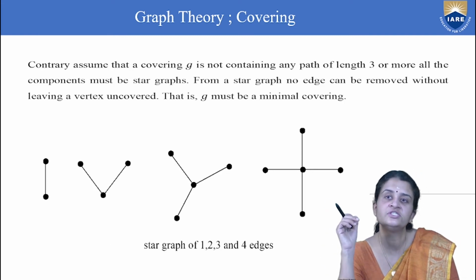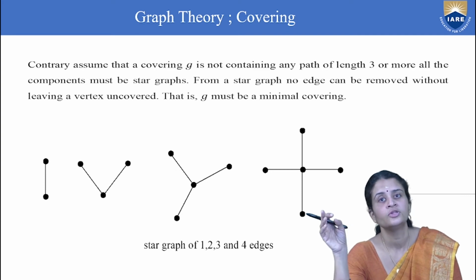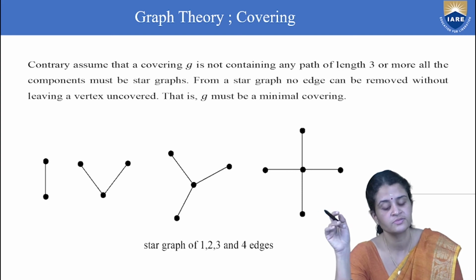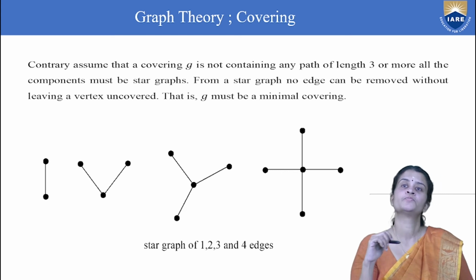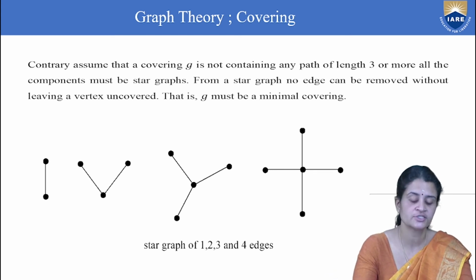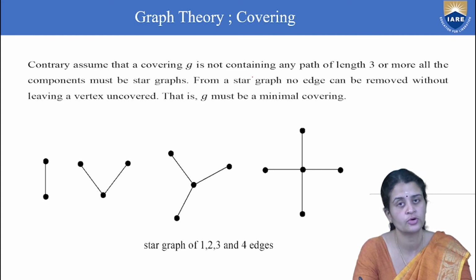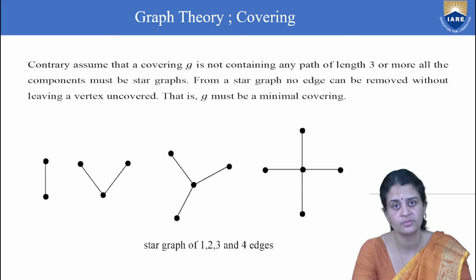On the contrary, assume that the covering G does not contain any path of length 3 or more. All the components must be star graphs. Why? From a star graph, no edge can be removed without leaving some vertex uncovered.